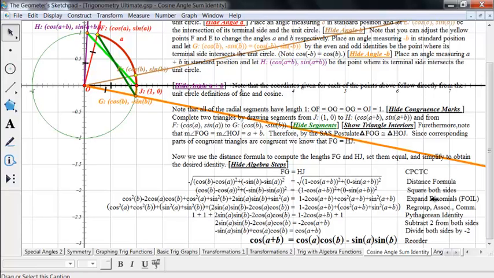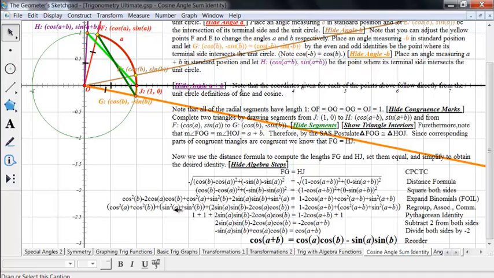Okay, now we're going to do a little reordering. So cosine square of b, where's that one? That's right here. We're going to put it first, and then we're going to put sine square of b with it, which comes from right here. Here's sine square of b, cosine square of b, cosine square of a is here, cosine square of b is here.